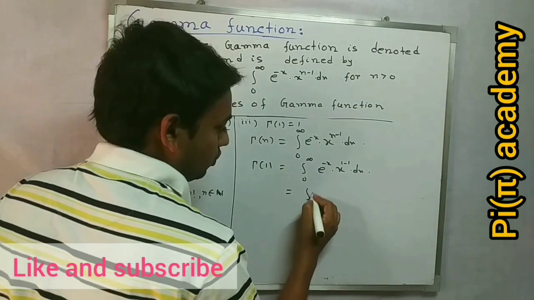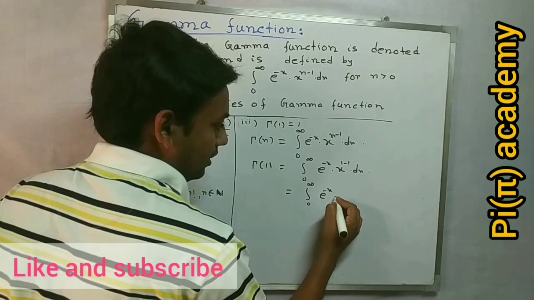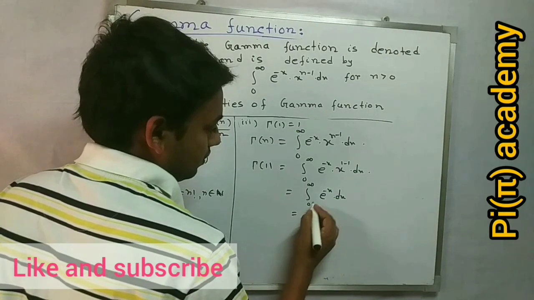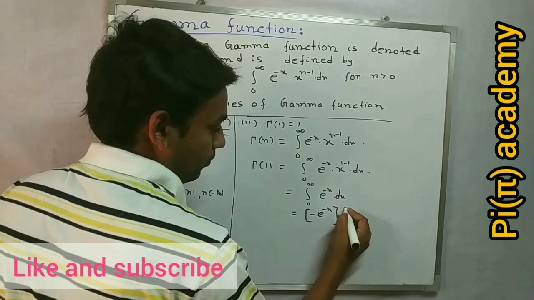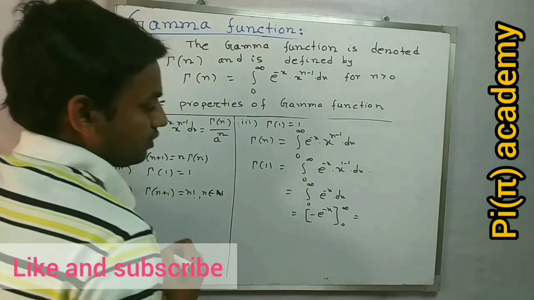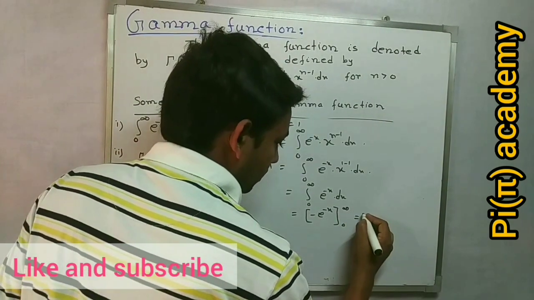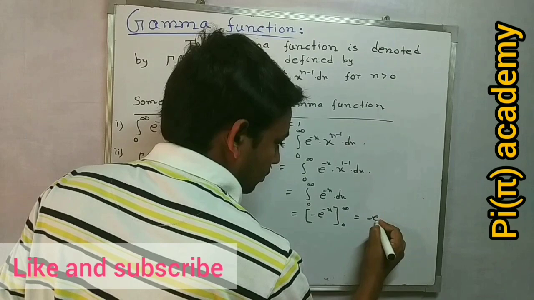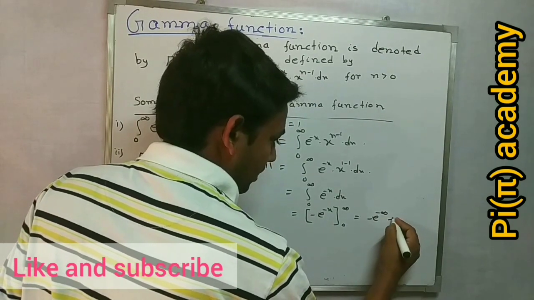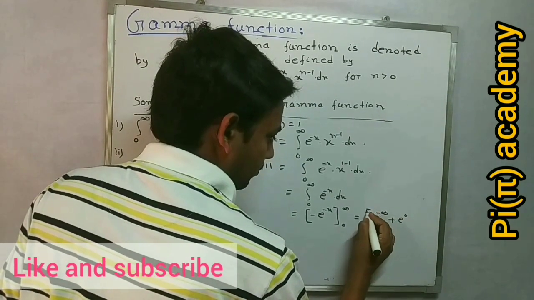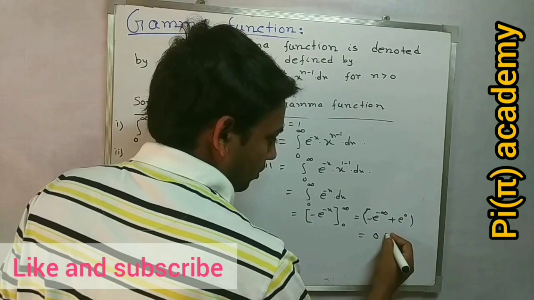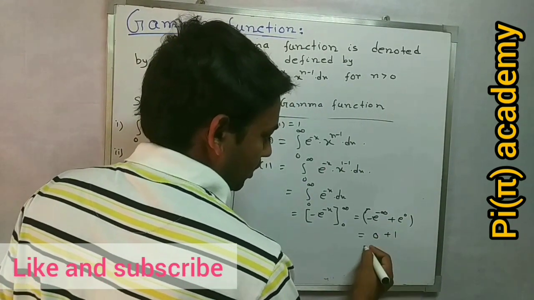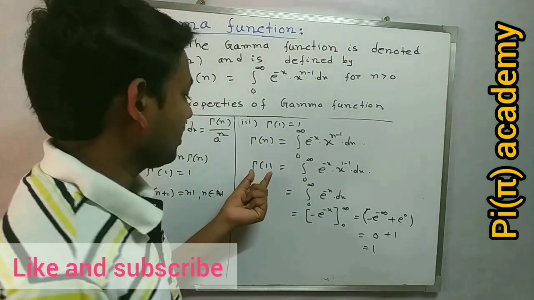This implies the integral of e to the power minus x dx, which is minus e to the power minus x from 0 to infinity, that is minus e to the power minus infinity plus e to the power 0. E to the power minus infinity equals 0, plus e to the power 0, that is 1. Therefore, gamma 1 equals 1.